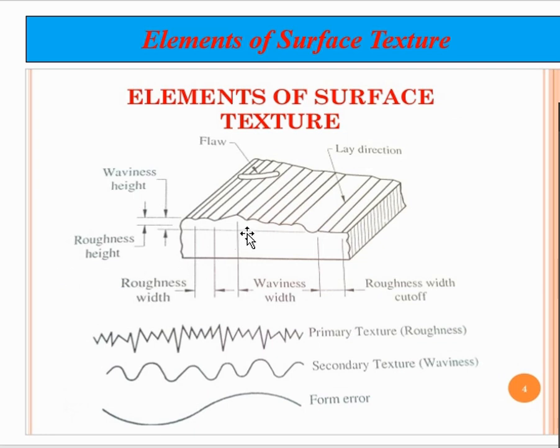On a microscopic level your machined surface will look like this. If you see it under a microscope you will see some sort of peaks and valleys. This thing is called a valley, this thing is called a peak. The repeated pattern of these peaks and valleys is called your surface texture, which we call surface roughness.